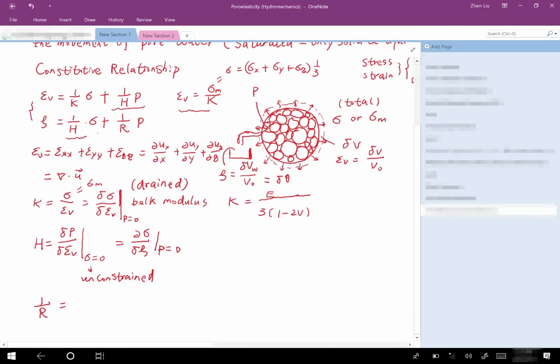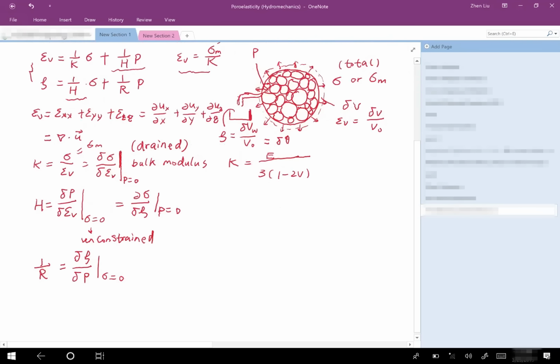Sigma equals 0, right? So when sigma equals 0, this term is defined as the change of eta over the change of p. And it happens when sigma equals 0. That means it's unconstrained. And we know the meaning of this eta is actually, we can do a little bit of conversion, is just this one.